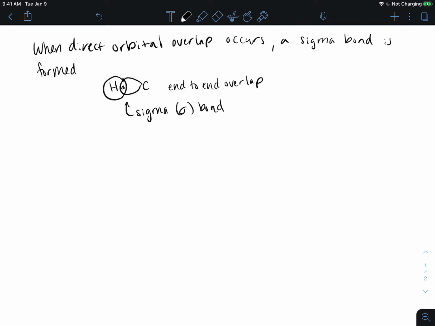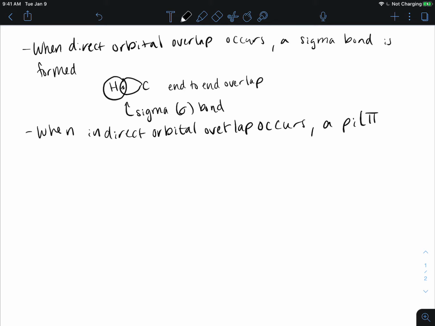However, that's not the only type of orbital overlap we can have. We can have indirect overlap. So when indirect orbital overlap occurs, this is when we produce a pi bond. So a pi bond is formed.